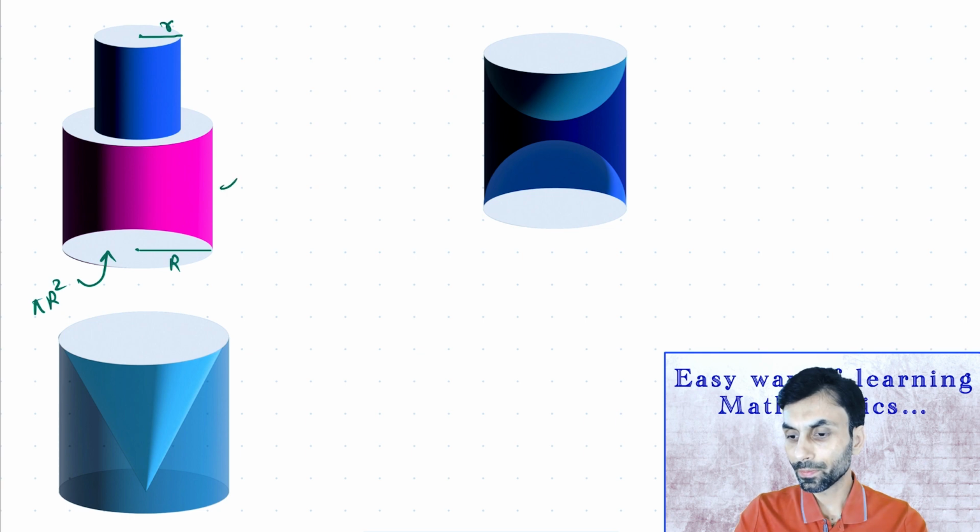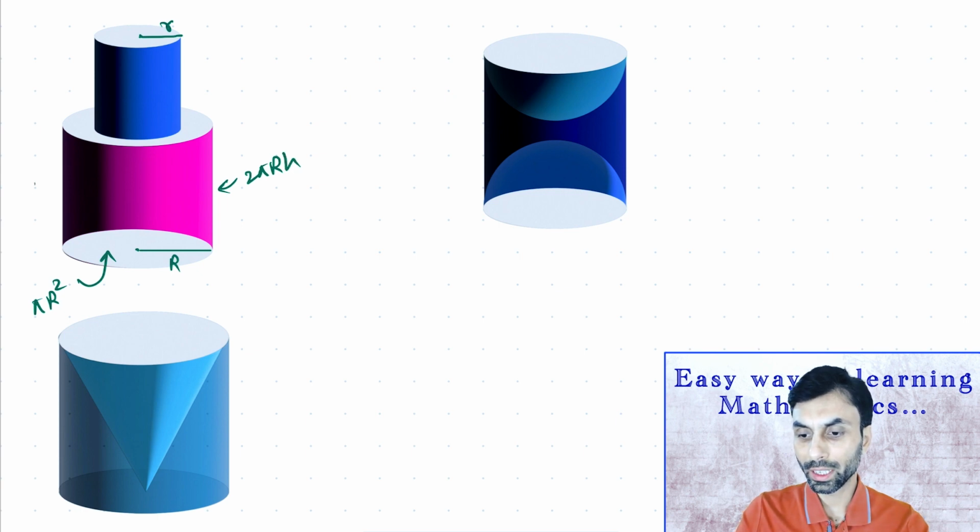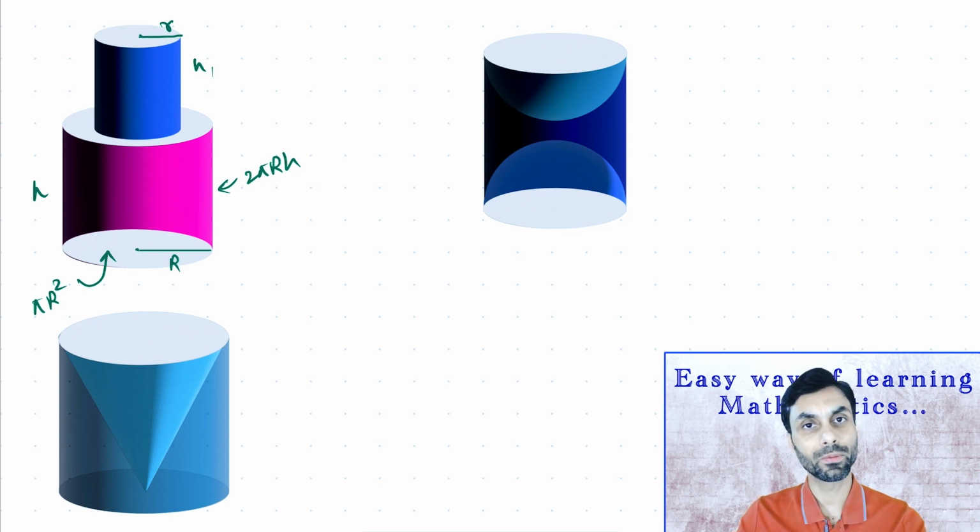The area of this curved surface will be 2πRH, where H is the height of the lower cylinder, and let us suppose h1 is the height of the upper cylinder. The area of this circular path will be equal to π(external radius squared minus internal radius squared).